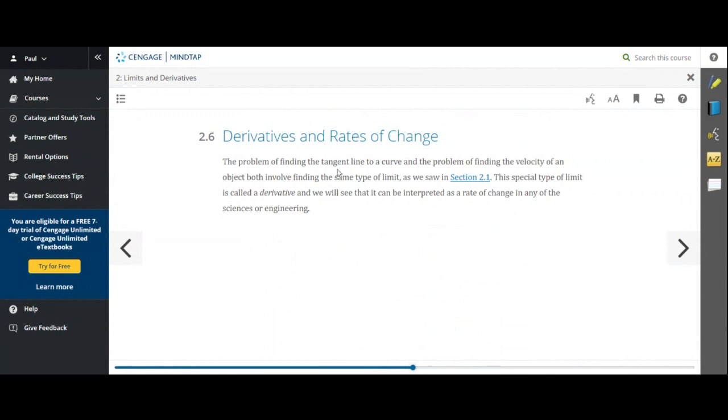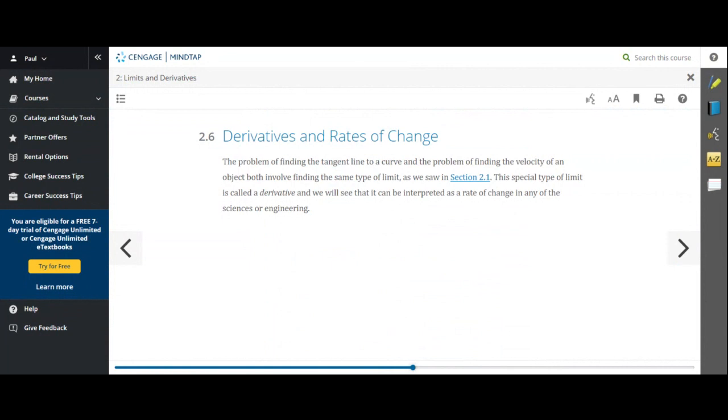The problem of finding the tangent line to a curve, you were interested in that with your assignment last week. It was actually earlier, the limit of a function where you were finding secant lines and so forth, and then what's the slope of the tangent line going to be?